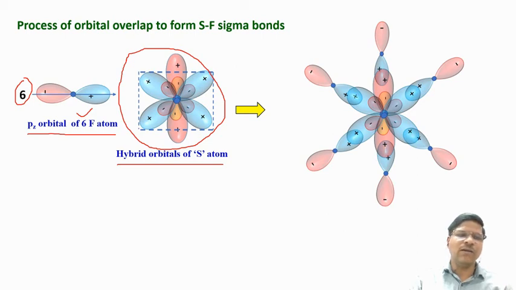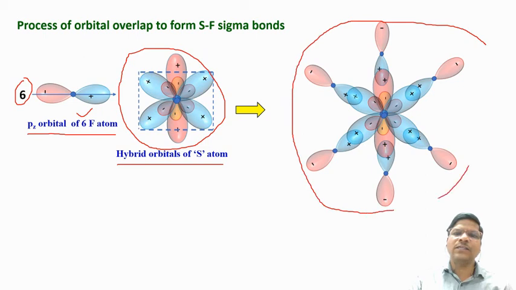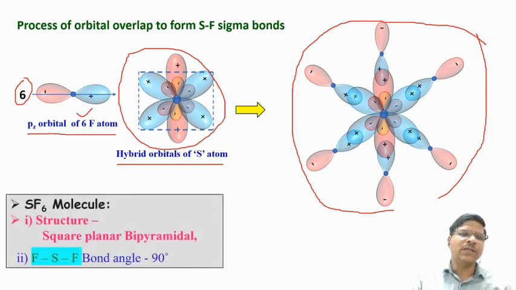All 6 orbitals overlap along the internuclear axis, and hence we get 6 sulfur fluorine sigma bonds.